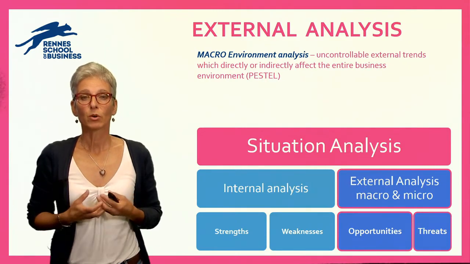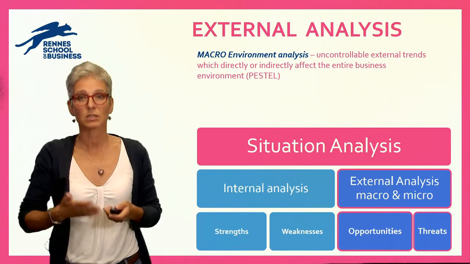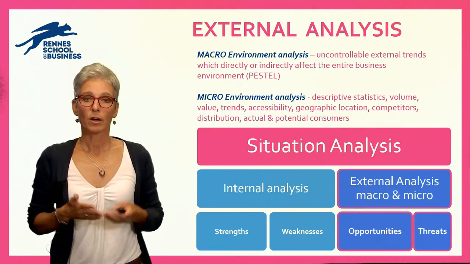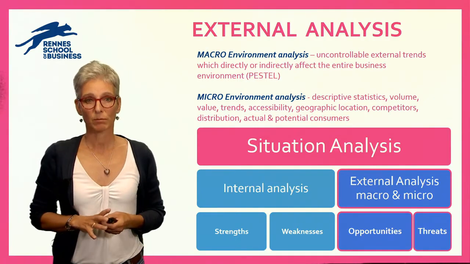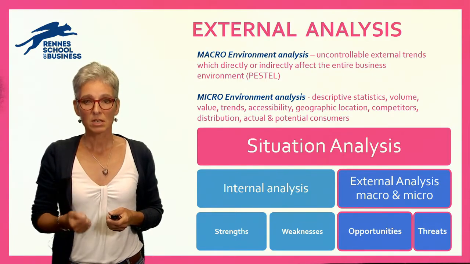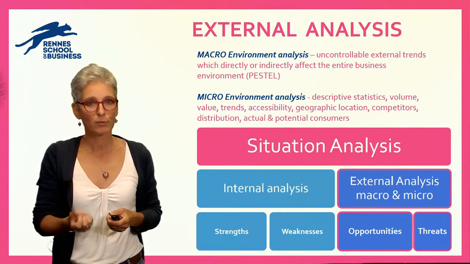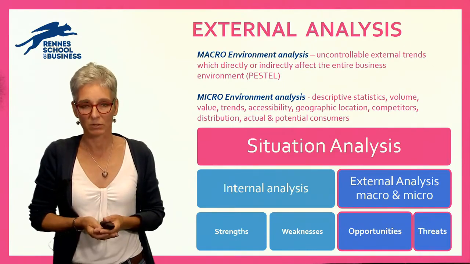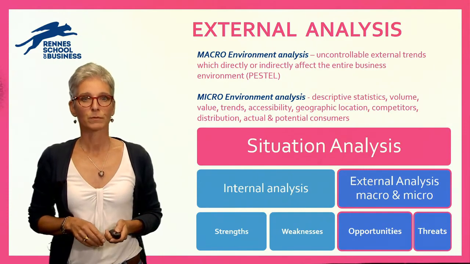And we use what we call a PESTEL analysis to have an analysis of that macro environment. The micro environment takes us down to a lower level into the specific market and looks at statistics, volumes, value, trends, geographic locations, competitors, distribution and customers. So a much more close to the ground approach.